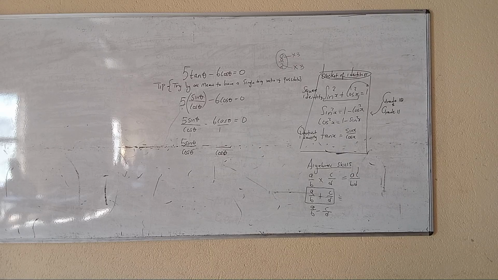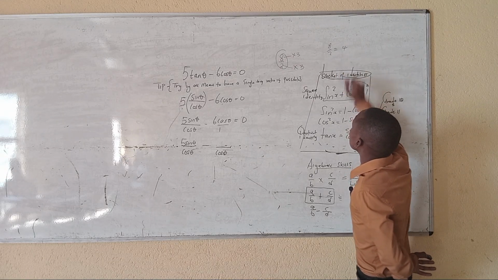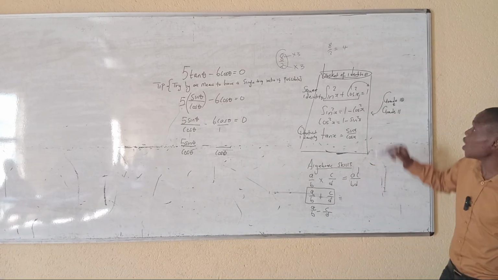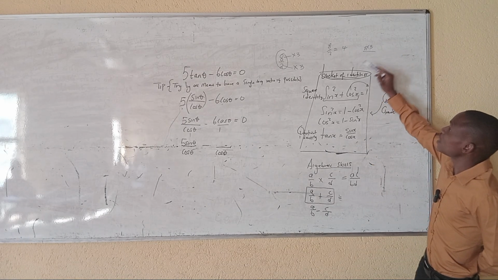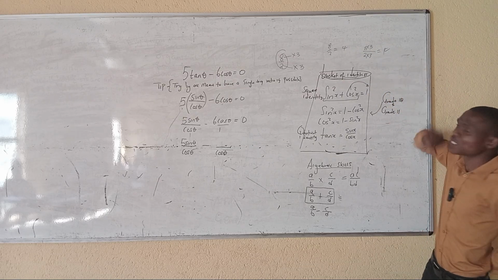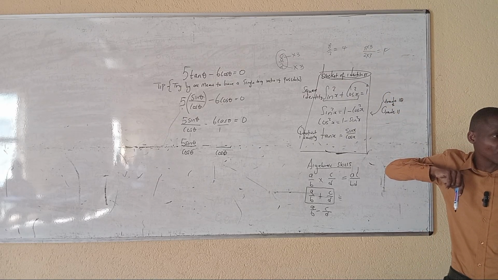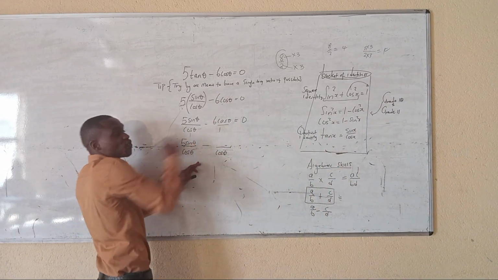8 over 2 is 4. So I'm asking you, what would happen if you multiply 8 by 3 and also 2 by 3? Your answer will still be 4. It won't change. So this is what I'm doing to 6 cos theta.